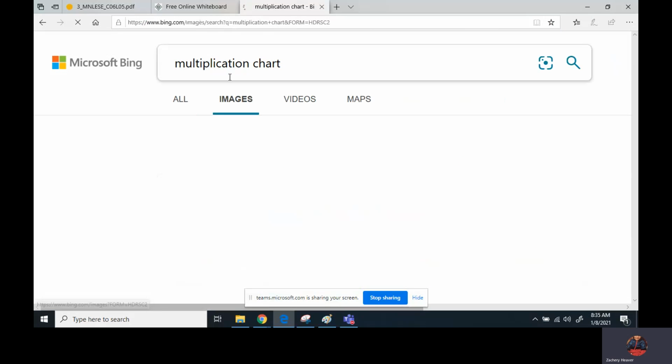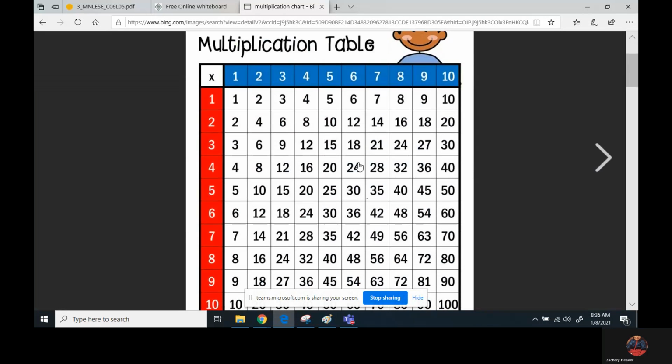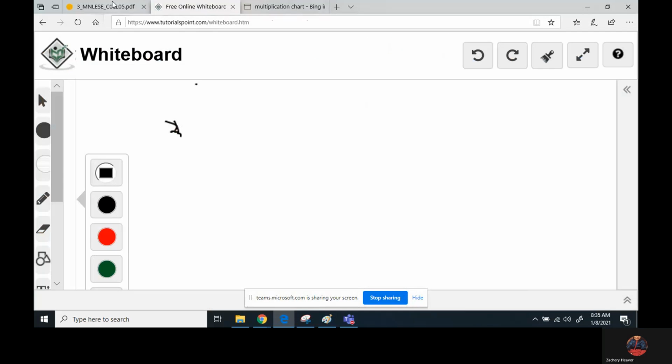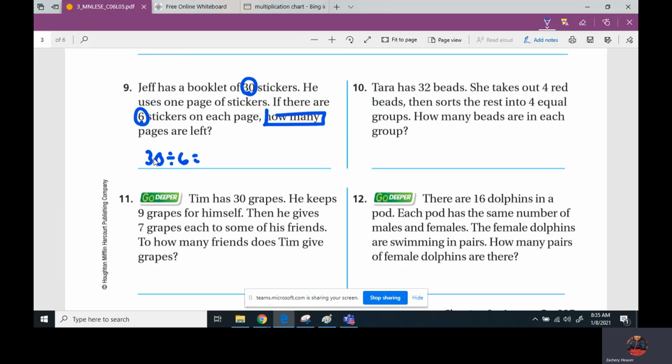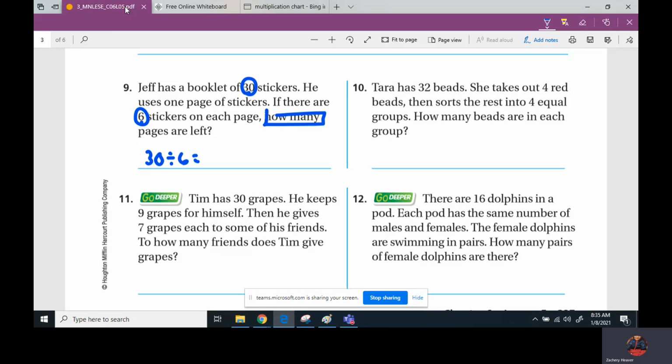Type sometimes too fast and I mess up. So let's use this multiplication chart. It's 30, and we got to count by 6. So how many 6s does it take to get to 30? We can't count this one, remember, because this is our factor. 1, 2, 3, 4, 5. So it's going to be 5 pages. How many what? Pages.